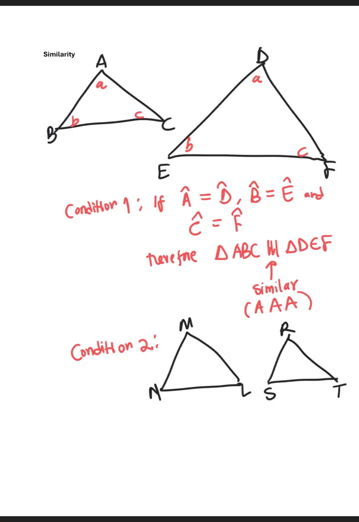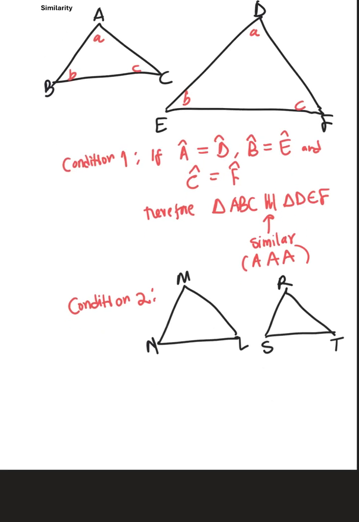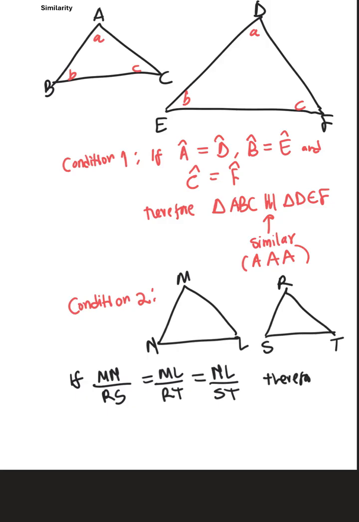Then this condition says that if MN over RS is equal to ML over RT and is equal to NL over ST, therefore triangle MNL is gonna be similar to triangle RST.